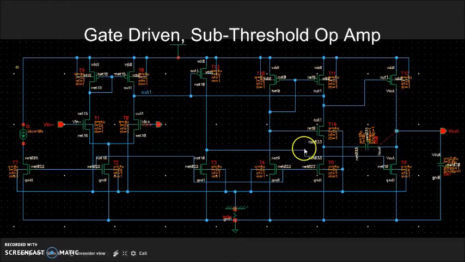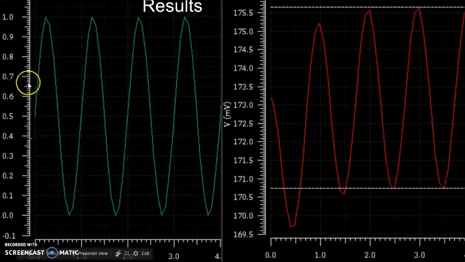Next, we have the compensation stage. This is mostly to improve the frequency response. And then lastly, our class AB output stage. So let's run some tests and see what we get. Here we have our 1 millivolt input voltage, and this will go on the negative input terminal.